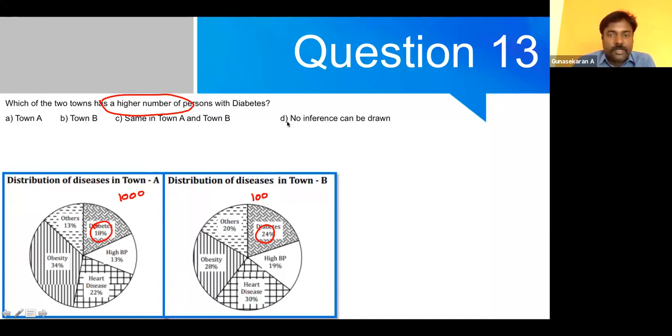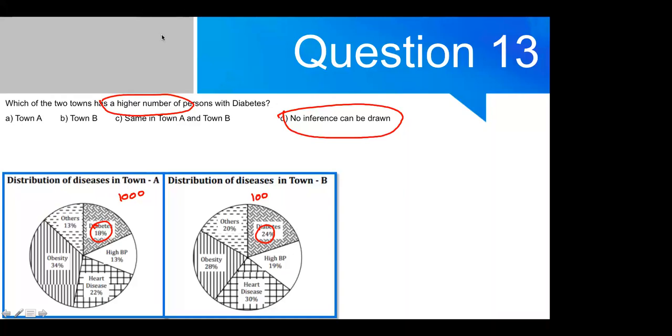Understand? So no inference can be drawn. Yeah, question number 13, no inference. Fine.